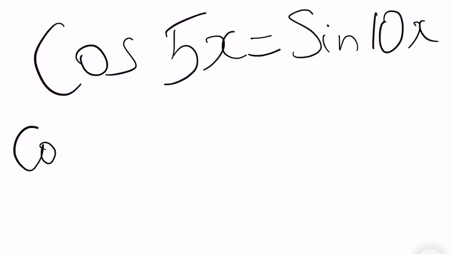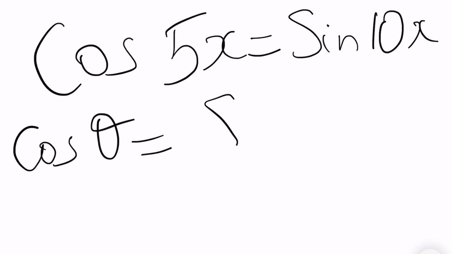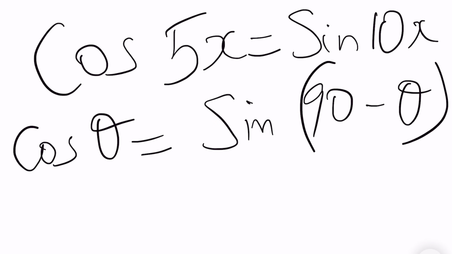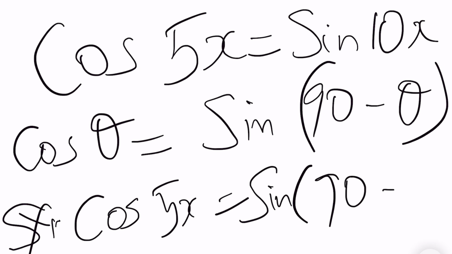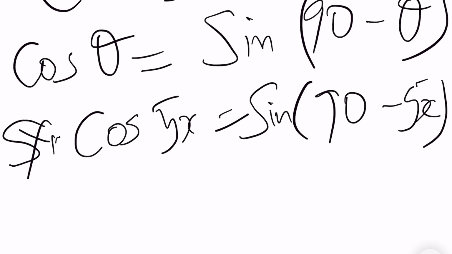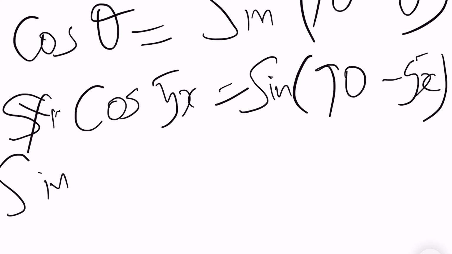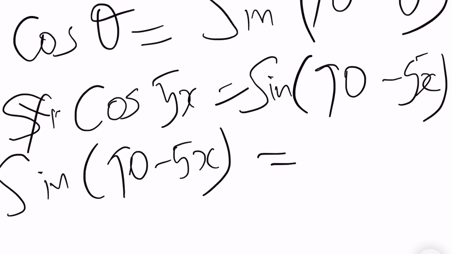So we have our cos theta to be sin 90 minus theta, so cos 5x is sin 90 minus 5x. So sin 90 minus 5x will now be equal to sin 10x.